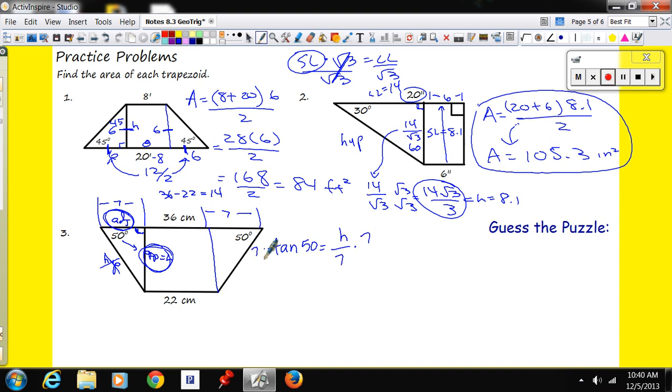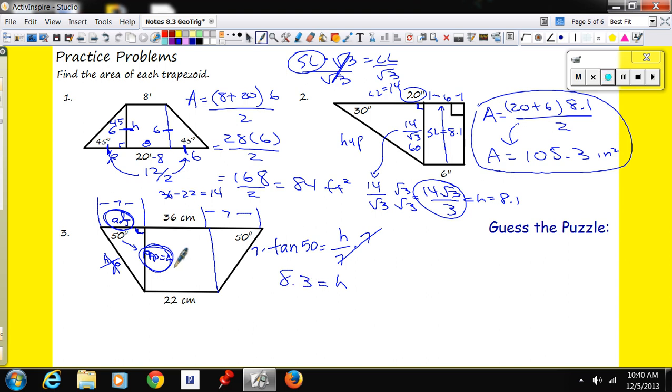Multiply both sides by 7. So H equals 7 times the tangent of 50. Let's see what we get when we do that. 7 times tan of 50. In your calculator, you should get 8.3 when you round it off.